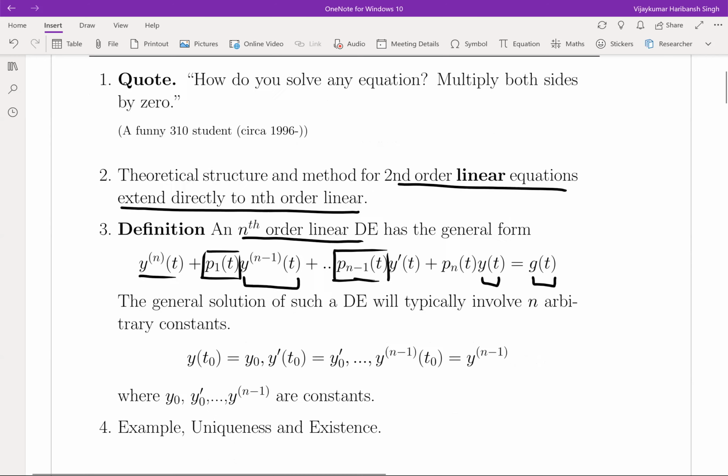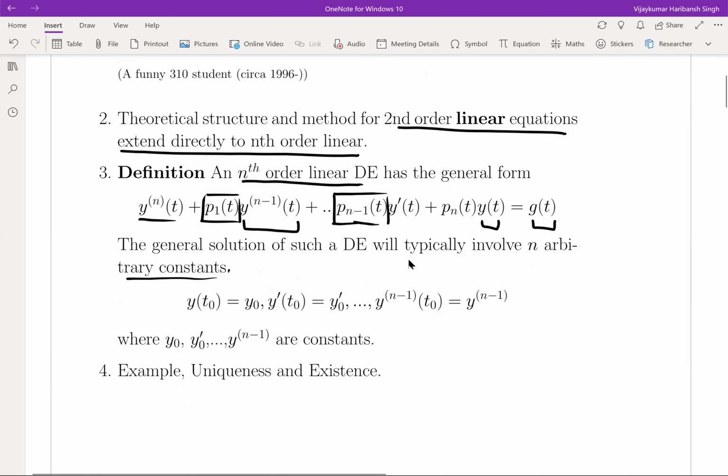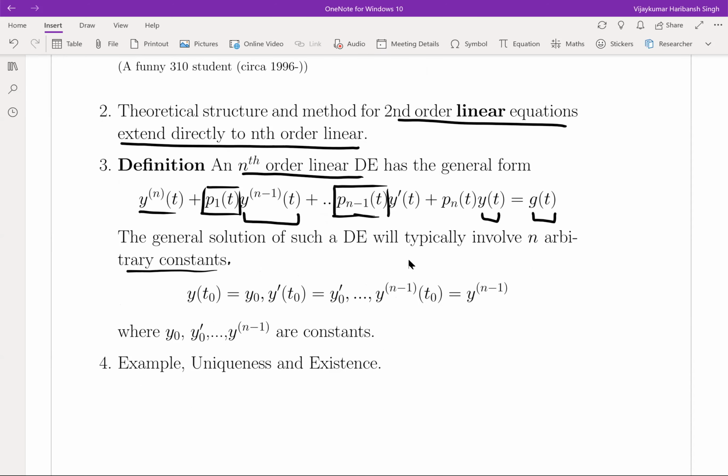So a general solution to an nth order differential equation of this form will involve n arbitrary constants. To solve for those n constants, if you are given the values at t naught, that is y of t naught equals y naught, y prime of t naught equals y naught prime, and so on, then you can solve and get a unique solution.